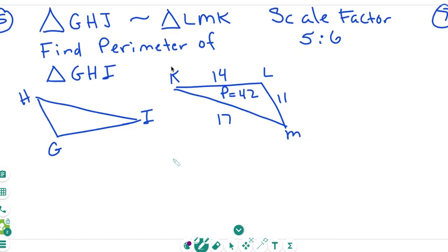Our scale factor is 5/6, and the perimeter of the second triangle is 42, but we don't know the perimeter of the first triangle. So we set up our proportion: 5/6 is equal to x over 42.